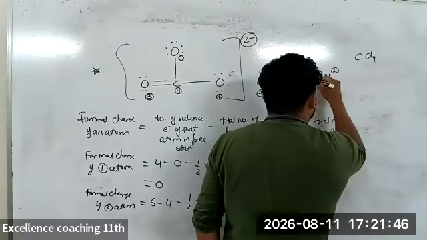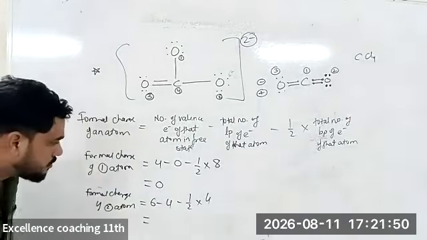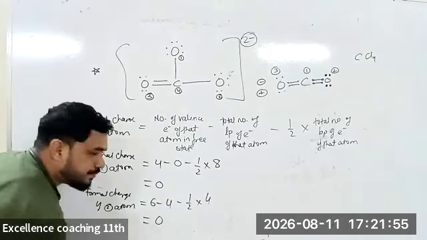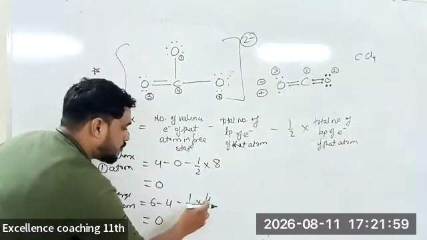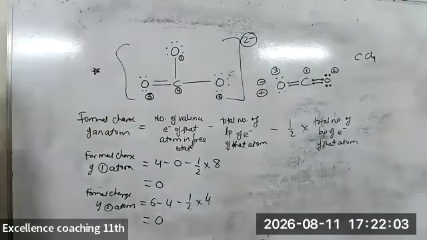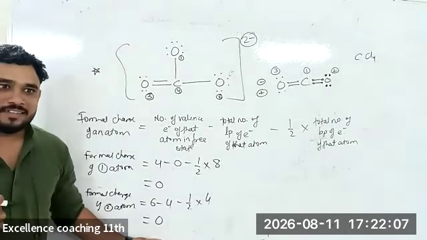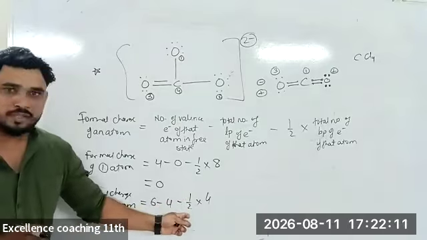1, 2, 3, 4. Count how many. Is it 0? 6 minus 4 minus 2, that is 6 minus 6, 0. Show me how it is 0.